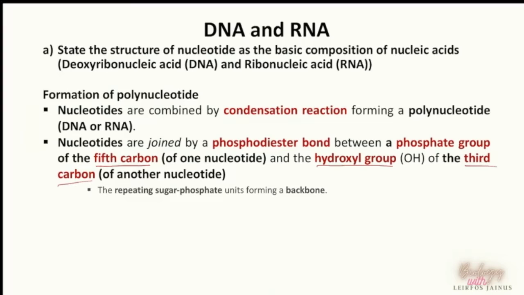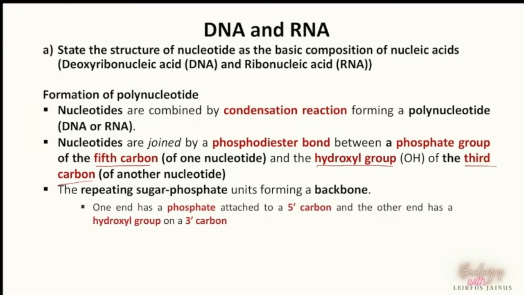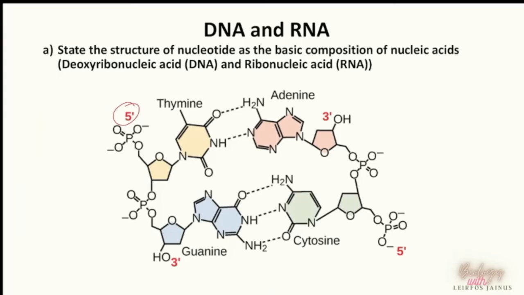The repeating sugar-phosphate unit forms the backbone that we call the sugar-phosphate backbone. One end has a phosphate attached to the 5' carbon and the other end has a hydroxyl group on the 3' carbon. At the 5' end we have the phosphate group, and at the 3' end we have the hydroxyl group.